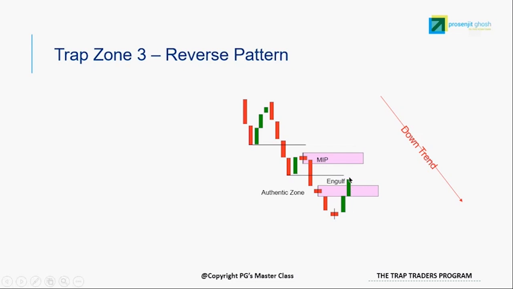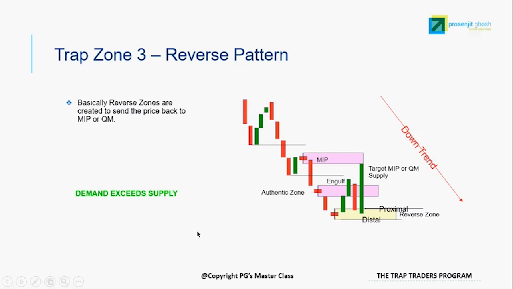We know a demand reverse zone has been created, and if price comes down, we can put our proximal line and distal line, and we can take a beautiful trade till the opposite MIP or QM. Okay, so demand exceeds supply.